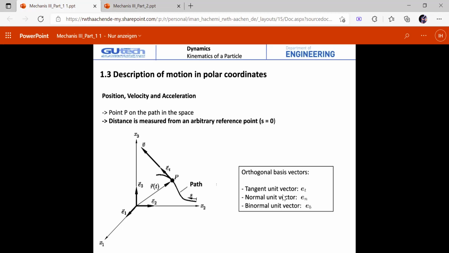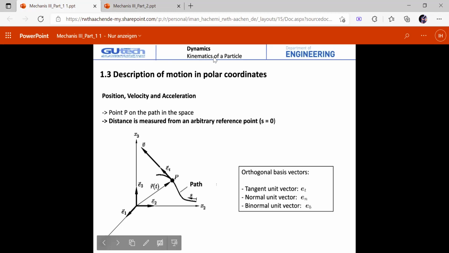And we have the normal unit vector, which is perpendicular to ET. And we also have the binormal unit vector, EB.